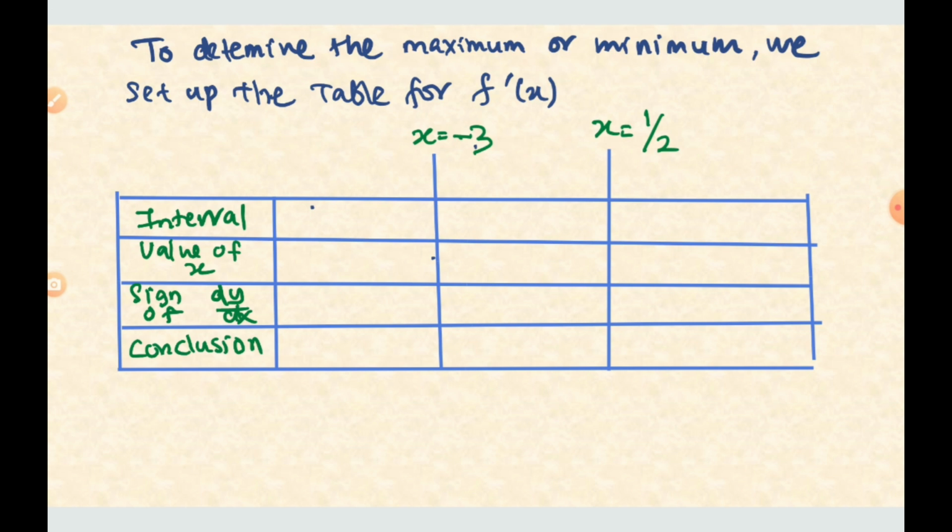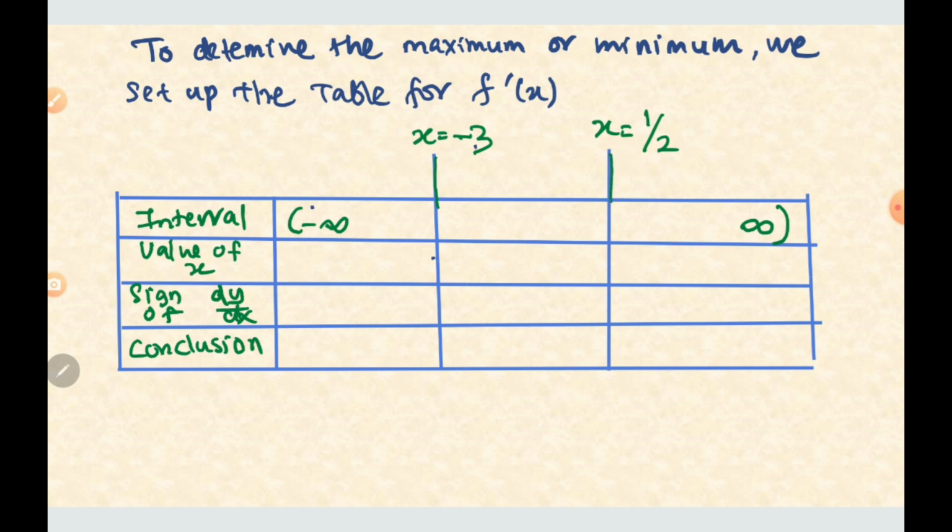The domain for the function is from negative infinity to infinity, but we need to create the intervals to be tested here. We know that negative 3 and 1 over 2 are the critical points. So I draw this line here to represent x equals negative 3. Negative 3 comes first, followed by 1 over 2.